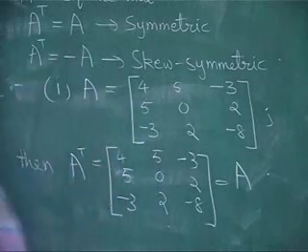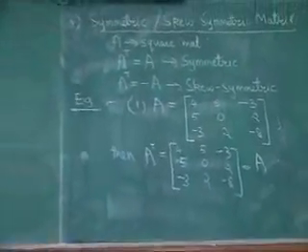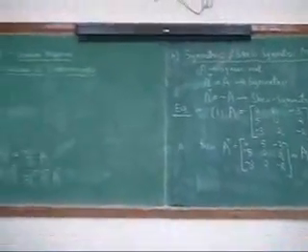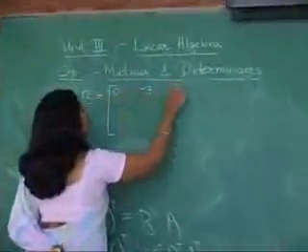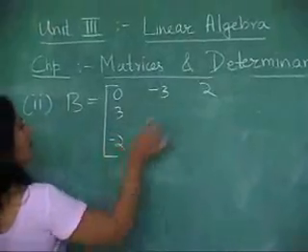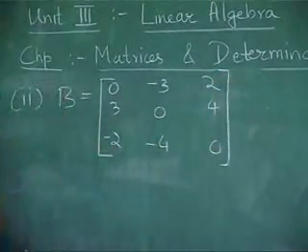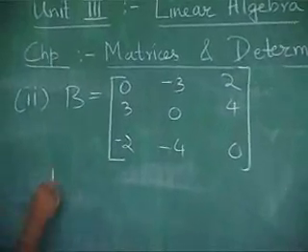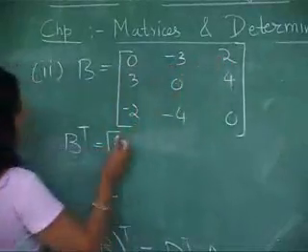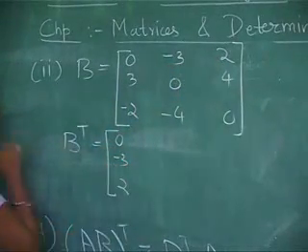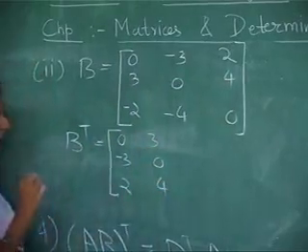On the other hand, if I take B to be this matrix, then B transpose will be, first row is 0, minus 3, 2, that now becomes the first column. Second row is 3, 0, 4, that becomes the second column.